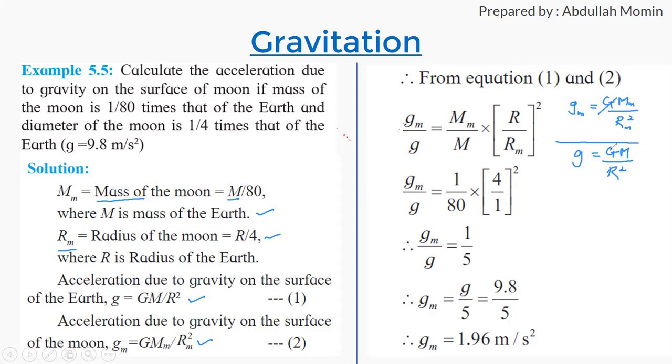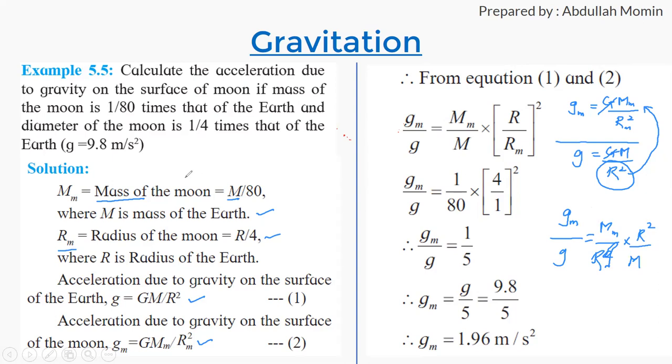So G and G will get cancelled. In the denominator of the denominator we have R², so it becomes the numerator. So gm divided by g can be written as Mm upon Rm² into R² upon M.